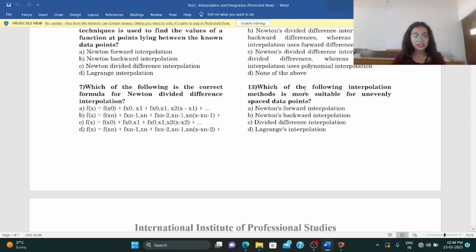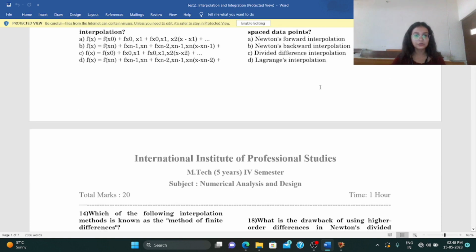And the answer is A. Function of x equals function of x0 plus function of x0, x1 plus function of x0, x1, x2 bracket x minus x1 and the series continues.